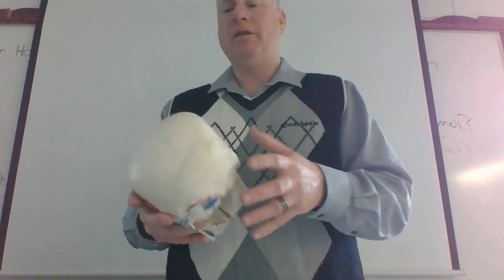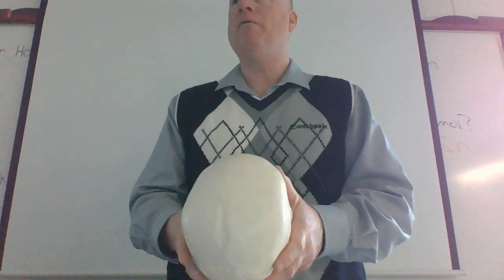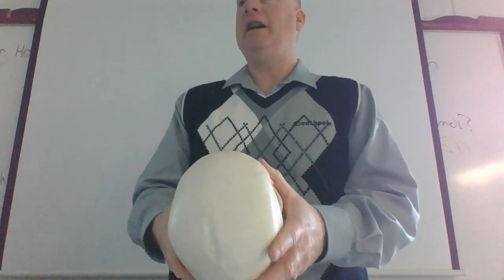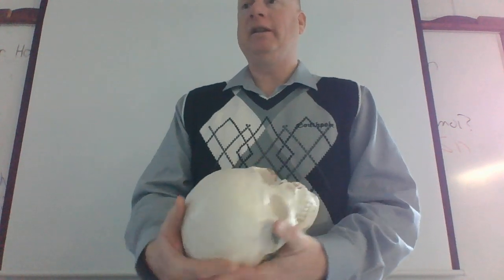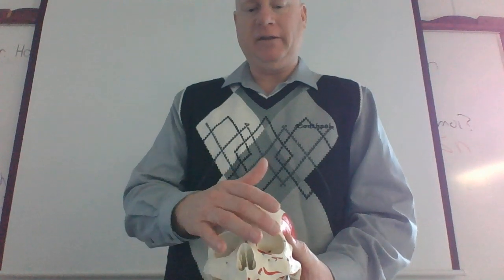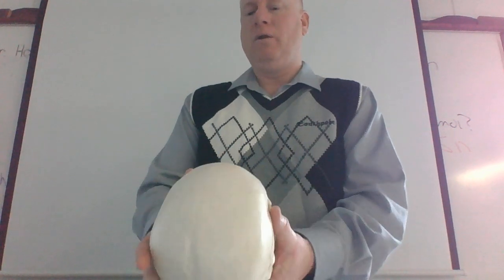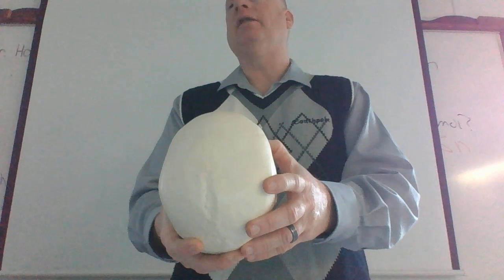That's why it's always so important to know your left and your right, because you're looking at that mirror image. When you hold it like this, it's easy to say, well, this is the right and this is the left. When you turn it like this, you have to remember this is the left and this is the right, even though it's not your left and right, it's that mirror image that you're looking for.